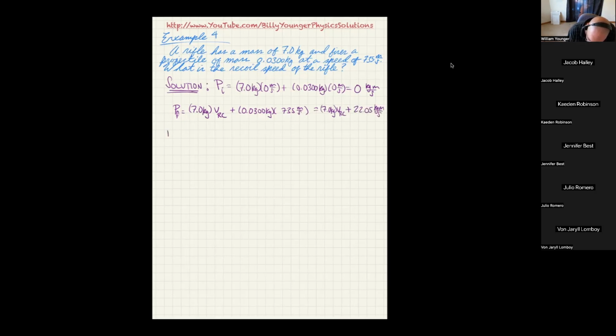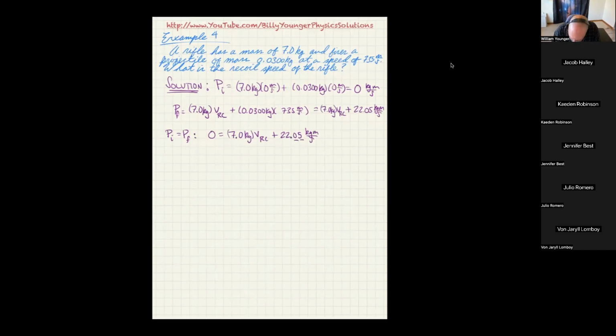So now conservation of momentum tells us that P initial is equal to P final. When I use that, I'm going to say 0 is equal to 7.0 kilograms times V recoil plus 22.05 kilogram meters per second. And of course, I used 2 extra digits there that aren't substantiated by significant figures, so I shouldn't use that.